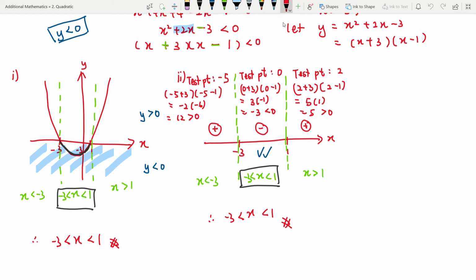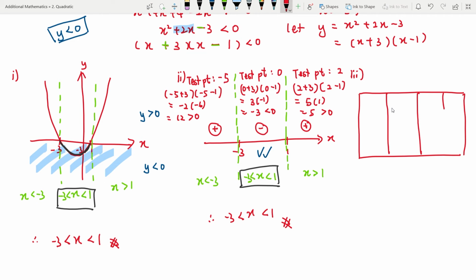Method number 3, the table method. First, we need to draw a table. For this row, we fill in the range of values of x.